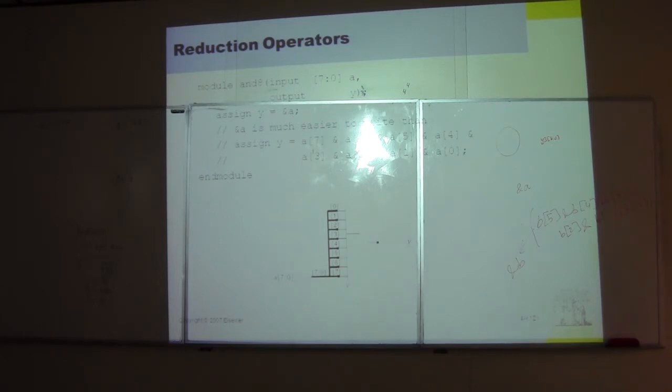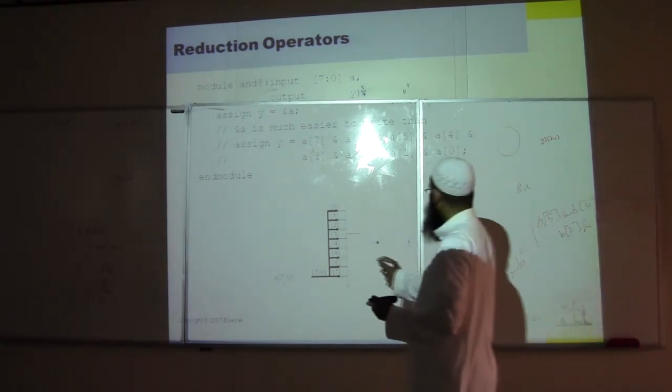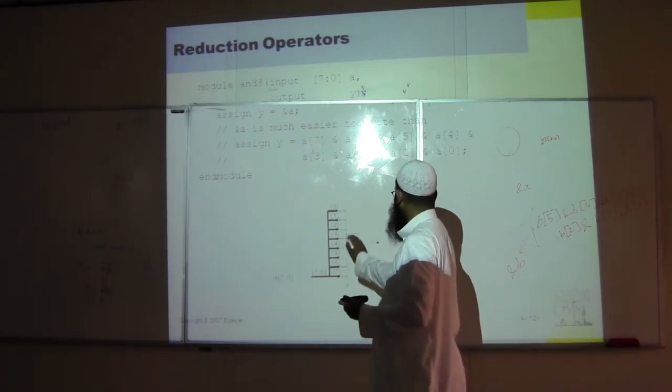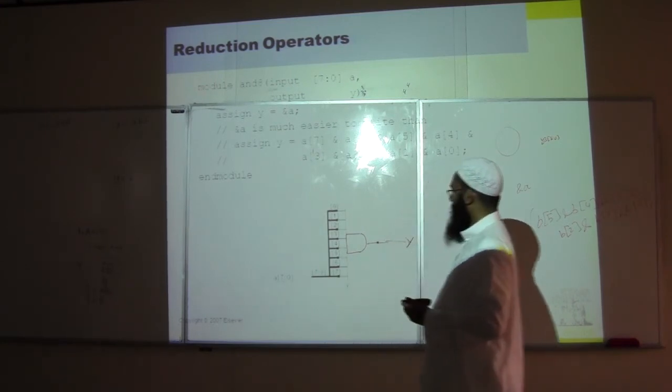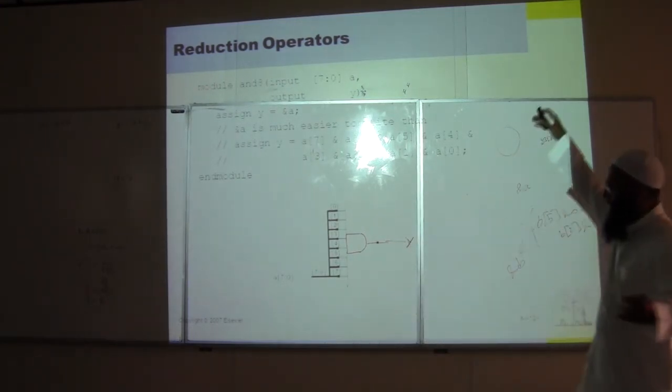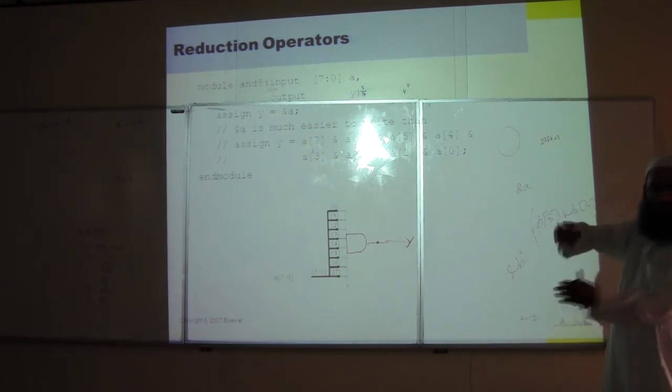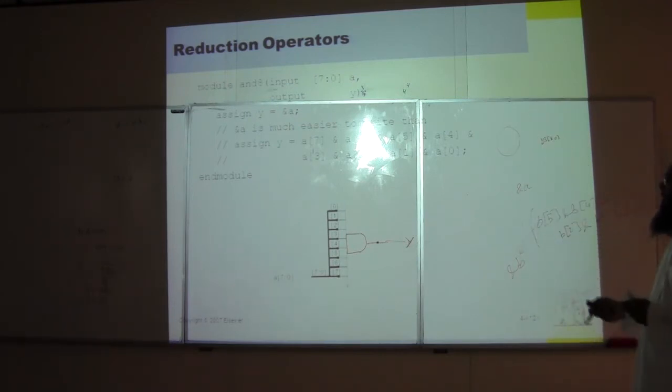It's like a simple AND. Here there is the AND gate. Okay, like eight inputs together, and the output is 1.